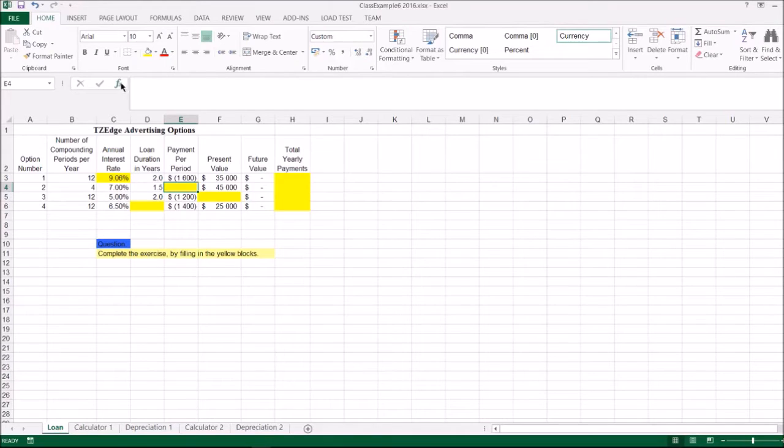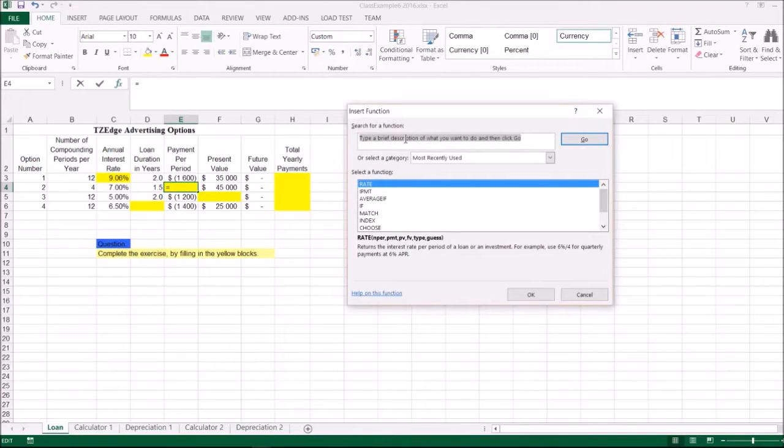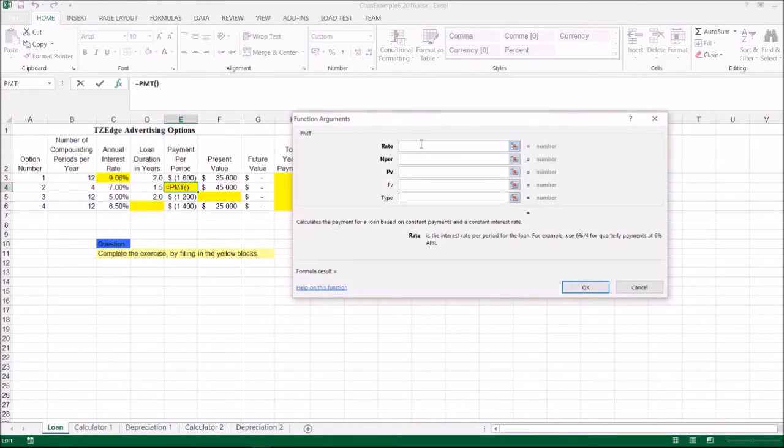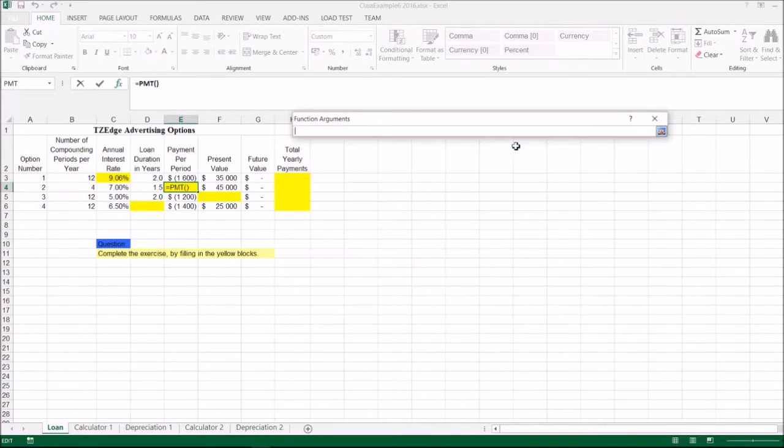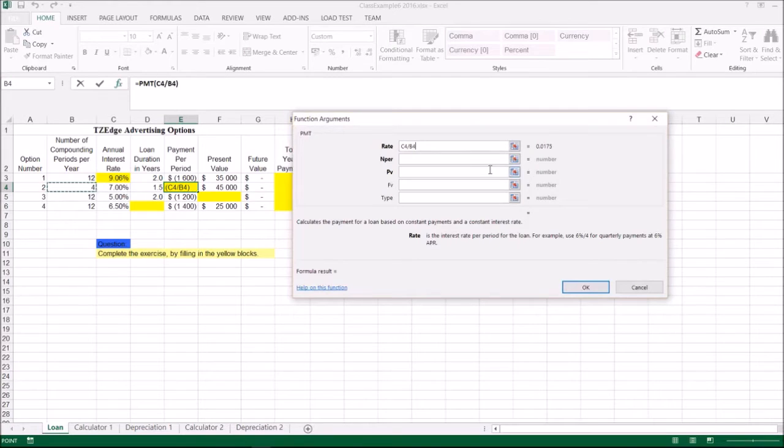Now we need to calculate the payment per period, so go ahead and look for the PMT function. Select the rate and then divide it by the number of compounding periods per year and select the rest of the data you need in the function.